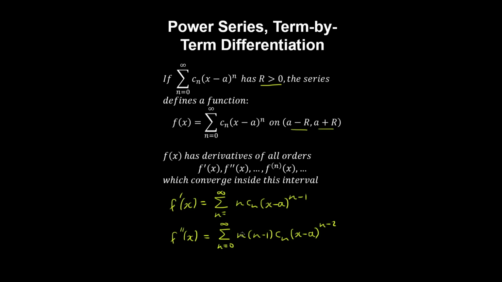And when n equals 0 and n equals 1, the first two terms are 0, so we can sum from 2. And the radius of convergence of the series defining these derivatives is the same as the radius of convergence of the original power series. And I encourage you to show that using the ratio test.